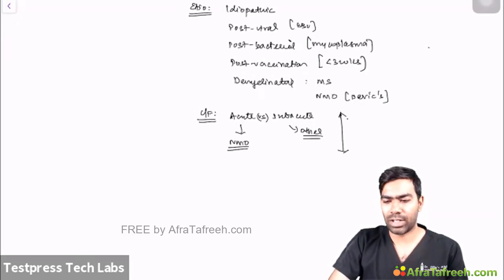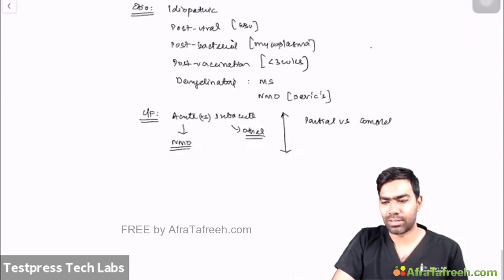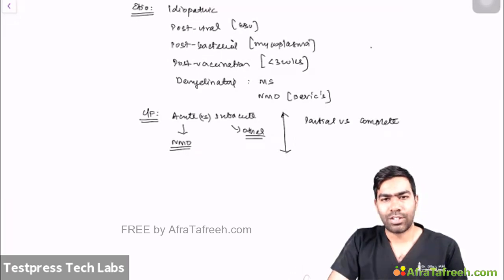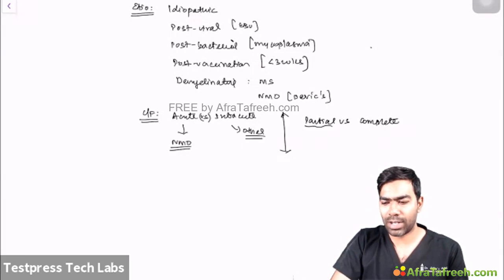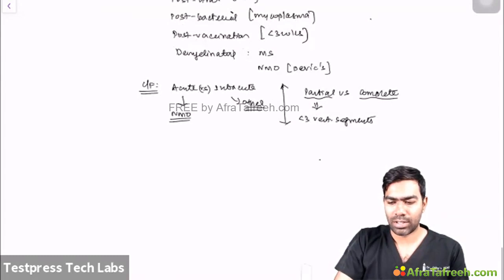Then the next thing is to differentiate whether it's a partial transverse myelitis or a complete transverse myelitis. Partial means it will usually involve less than 3 vertebral segments. It will not involve more than 3 vertebral segments.